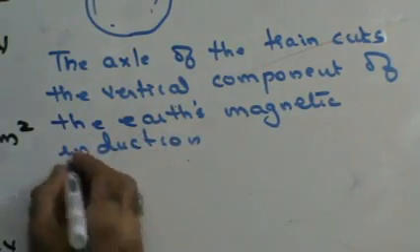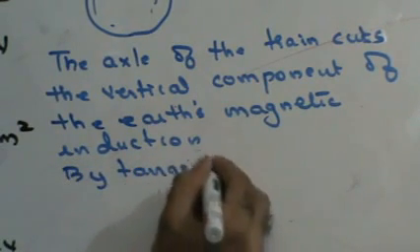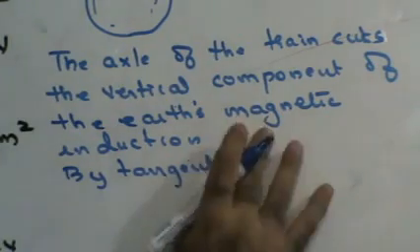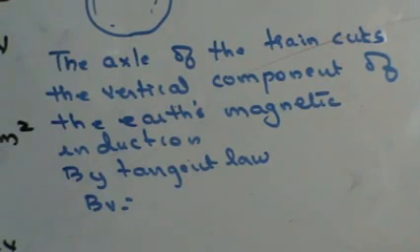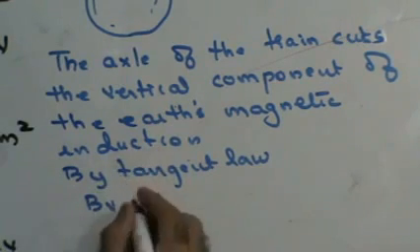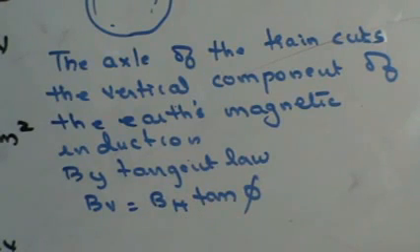Therefore, I can use tangent law. BV is equal to BH tan phi. That's my tangent law. So I'll come to know the vertical component of the Earth's magnetic field.